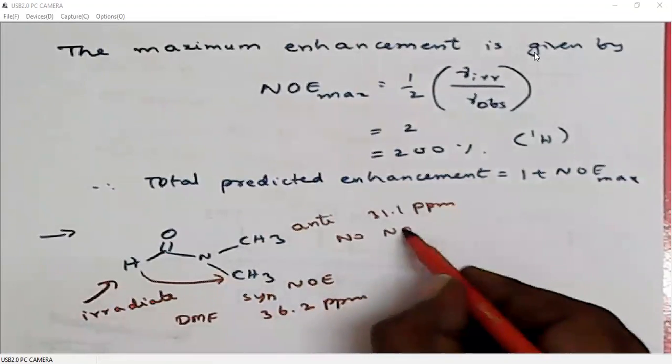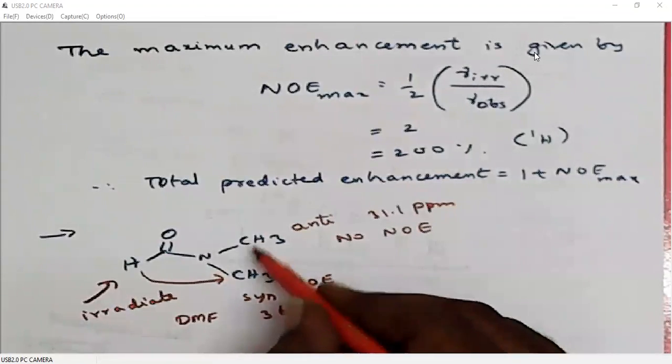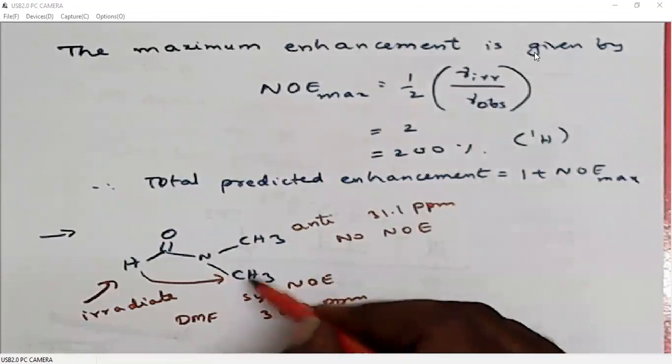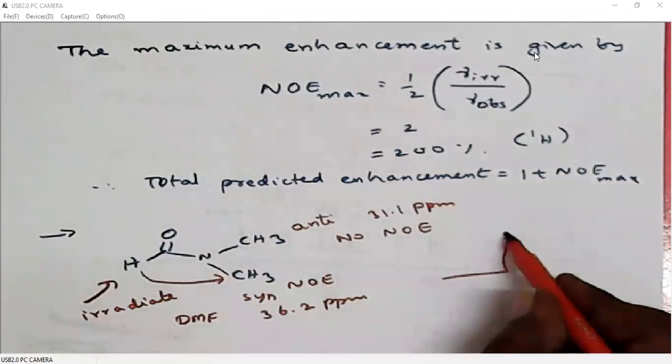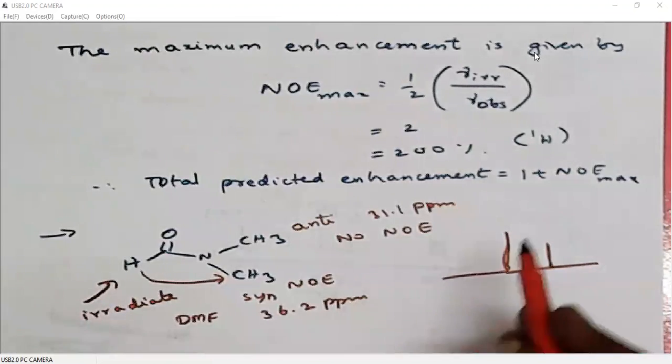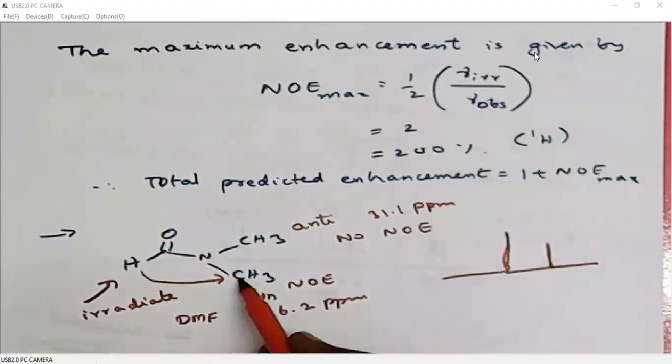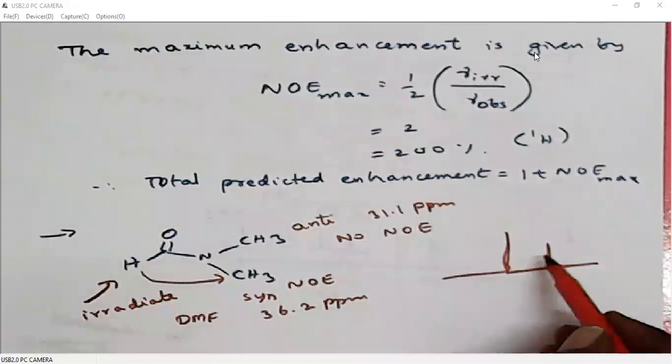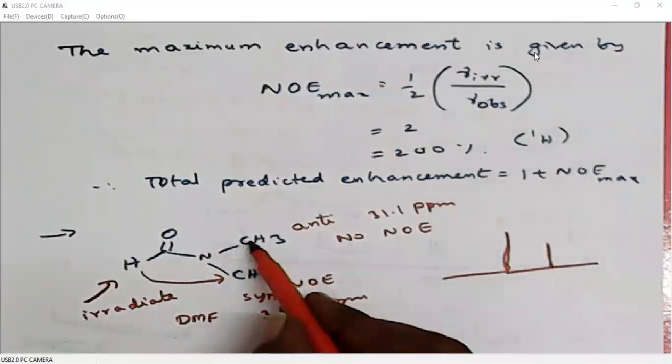So no NOE. When we want to identify these two in the spectrum, they will give two signals, but the highest intensity methyl group will be this one. The lowest intensity will be this one.